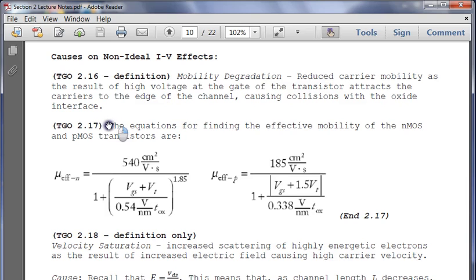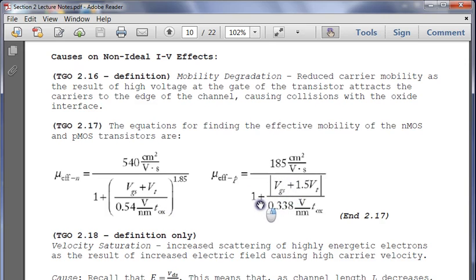So here we have our normal mobility. In this case, we define the mobilities as 540 cm²/(V·s) for NMOS, and for PMOS, it's 185 cm²/(V·s). And the difference is we're going to have 1 plus the gate-source voltage plus the threshold voltage divided by 0.54 V/nm times the thickness of the oxide.